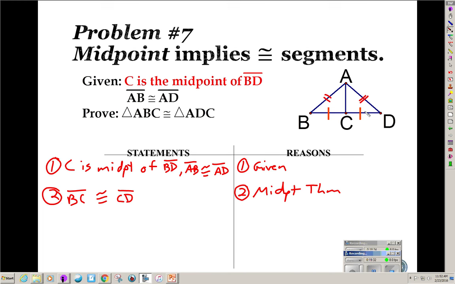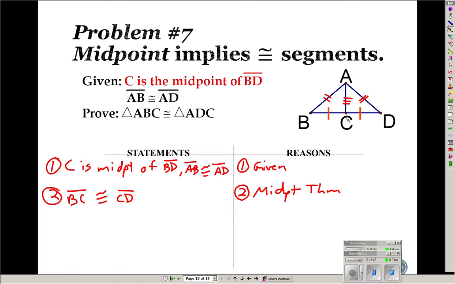Well, that's two pairs of sides. SS isn't enough. They didn't tell us anything else, so I have to decide from the picture what else I have. And what I have is a pair of congruent sides here in the middle, the side that they share. So segment AC is congruent to itself. And we've seen this quite a few times so far. Hopefully you remember.